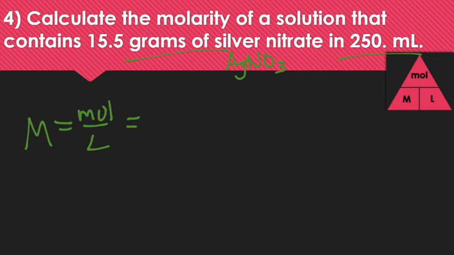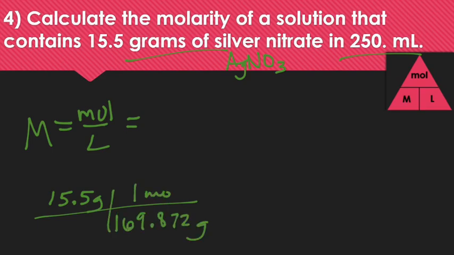So a lot like our very first problem, we're going to have to turn these grams into moles and these milliliters into liters here. Let's do our grams first, since I'm seeing that number first. Adding up our AgNO3 from the periodic table gets 169.872. So that's going to give us 0.0912 moles.